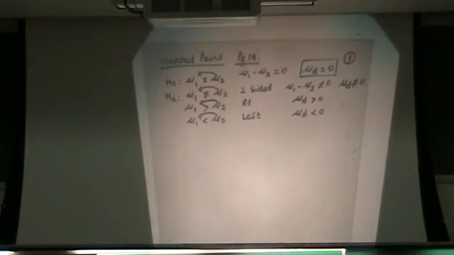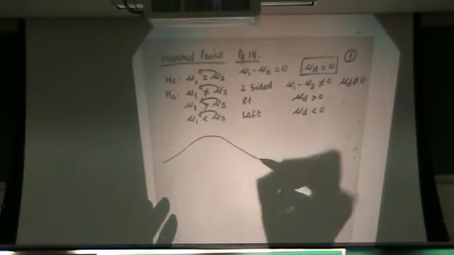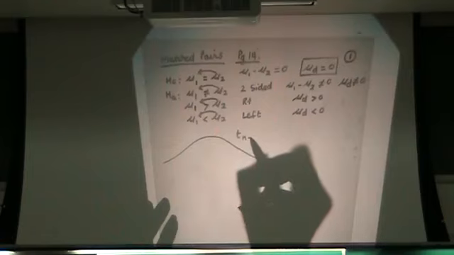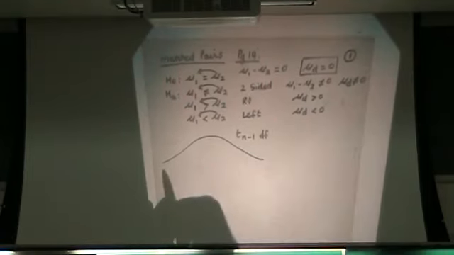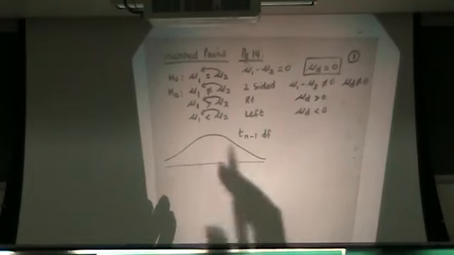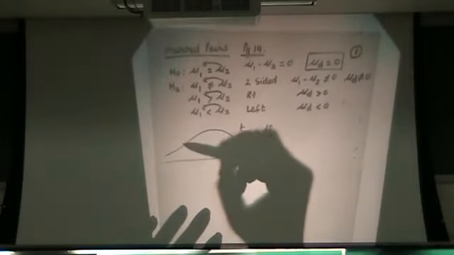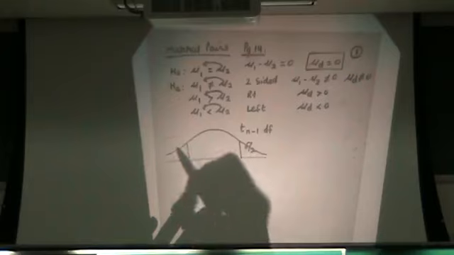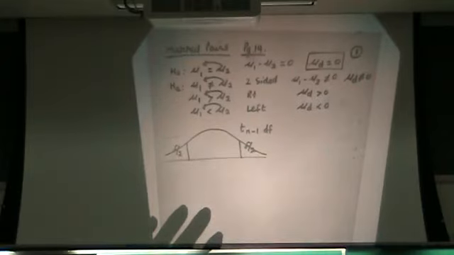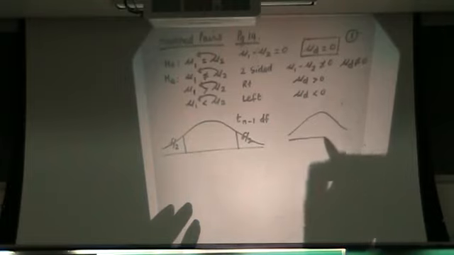It's just a t-test. So if you look on page 14, you have the test statistic. You're going to do a t with n minus 1 degrees of freedom, depending on whether it's two-sided, right-sided, or left-sided, just like before. So if it's two-sided, you're going to split your alpha, alpha over 2, alpha over 2. If it's right-sided, the entire alpha will go in the right tail.